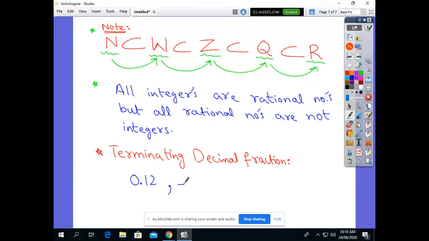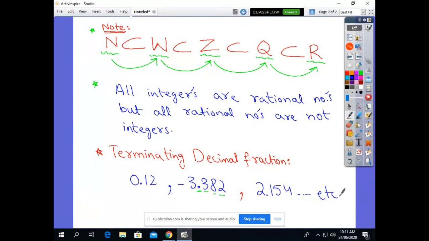Another example is negative 3.382. We see that after the decimal point there are finite numbers of digits which are countable. That's why negative 3.382 is a terminating decimal number. Similarly, another example is 2.154, which is also a terminating decimal fraction.